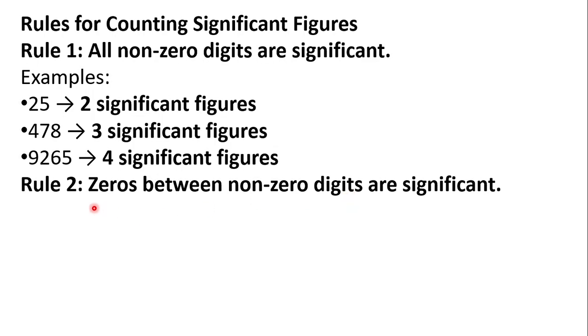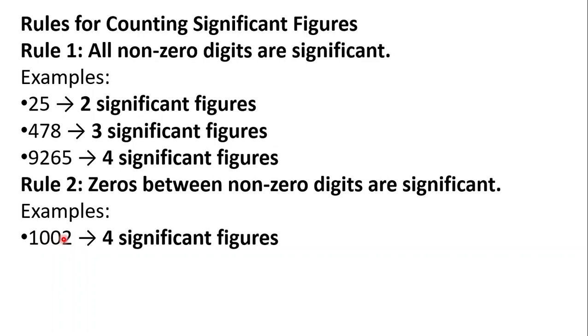So when you have a zero between non-zero digits, that zero is considered to be significant. So numbers such as 1002 have four significant figures. The zeros in between 1 and 2 are included. So 1002 has four significant figures and not 2.